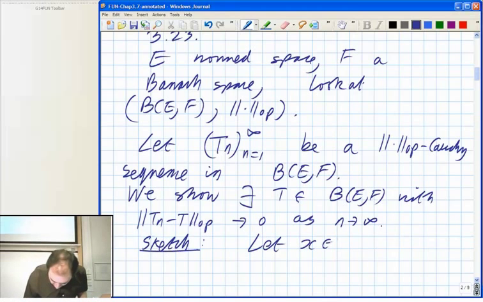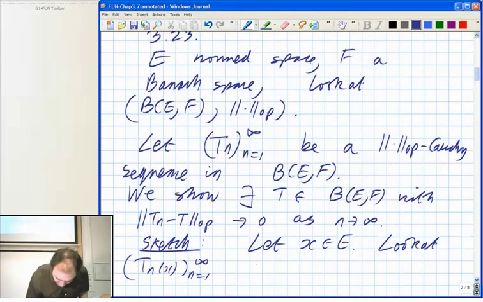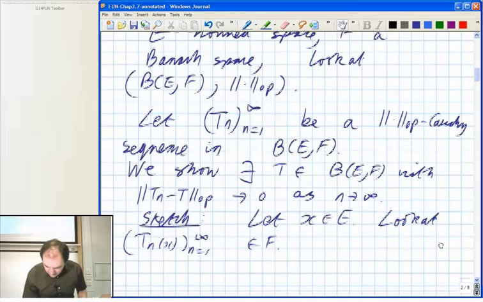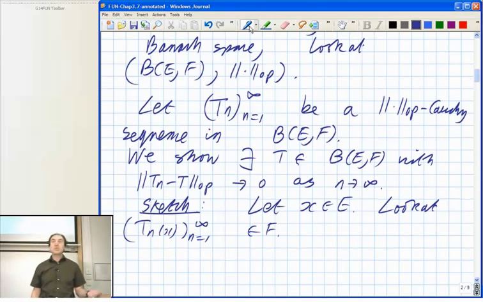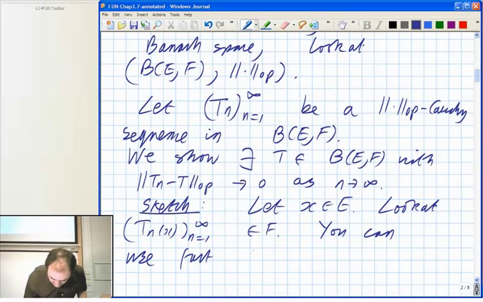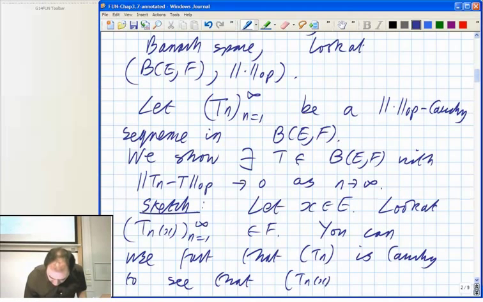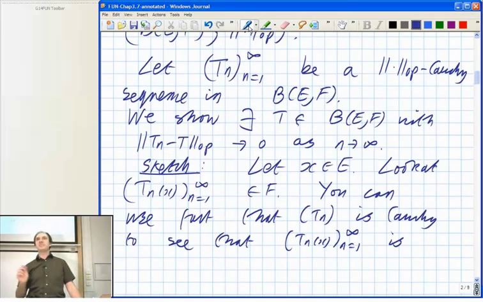So you let x be in E and look at Tn of x as n runs from 1 to infinity in F. Then you can show that this is a Cauchy sequence in F. So you can use the fact that Tn is Cauchy as operators to see that Tn of x as n goes from 1 to infinity is Cauchy in F, and F, fortunately, is complete.